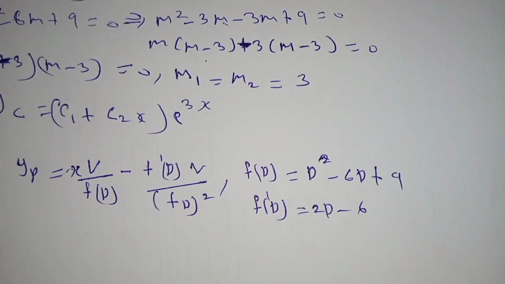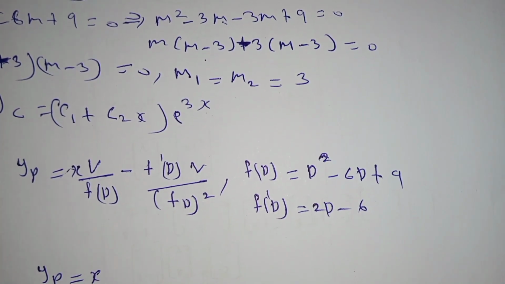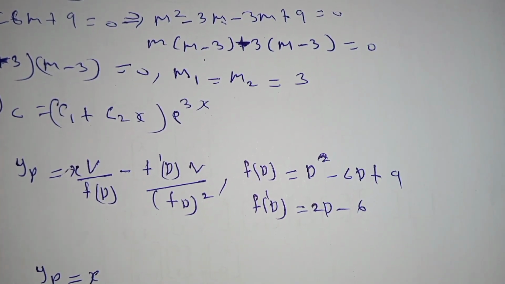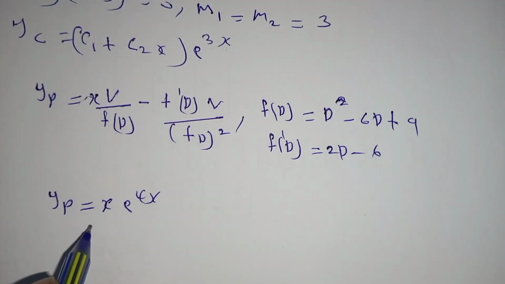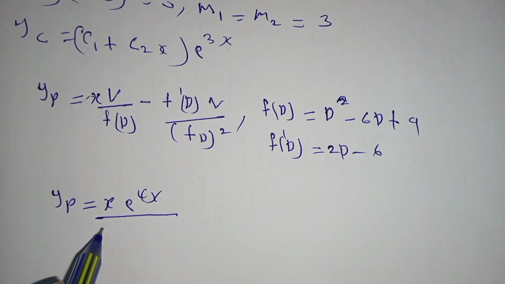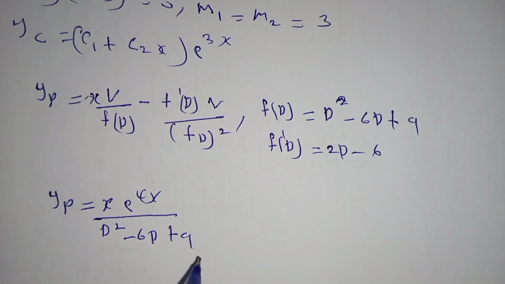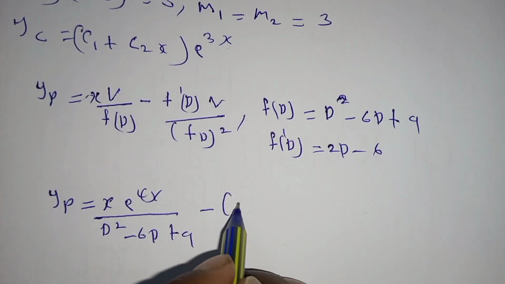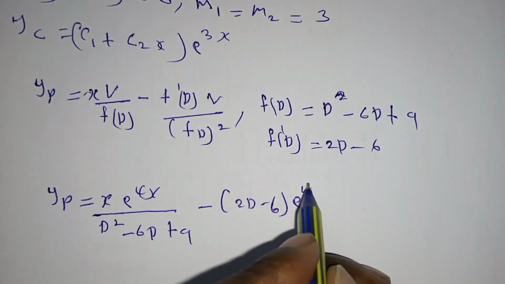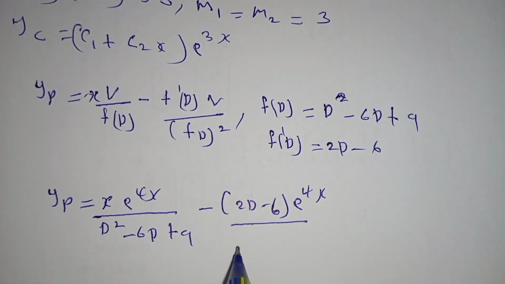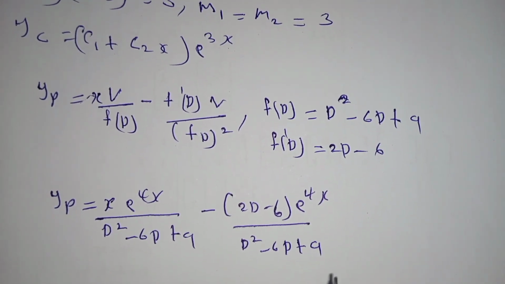Then we substitute in the formula. Yp is equal to x. Our v is exponential 4x divided by d squared minus 6d plus 9 minus bracket 2d minus 6 multiplied by exponential 4x divided by d squared minus 6d plus 9.